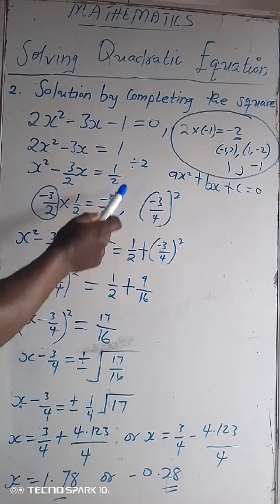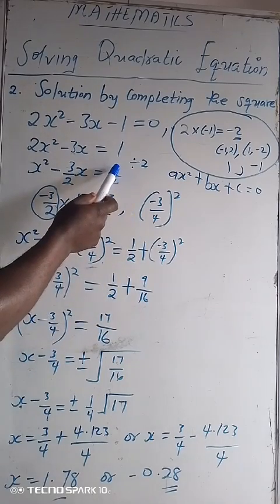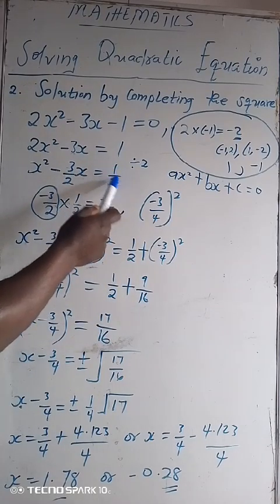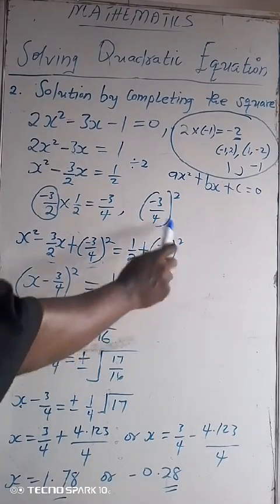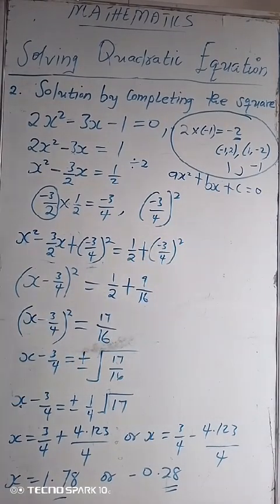Now to the right hand side, at first we were having 1 out of 2, but here we have added negative 3 out of 4 all squared to 8. So after we have added our negative 3 out of 4 all squared to both sides, let's not forget that what we have here is now a perfect square.